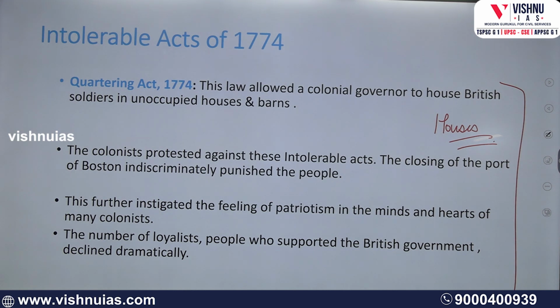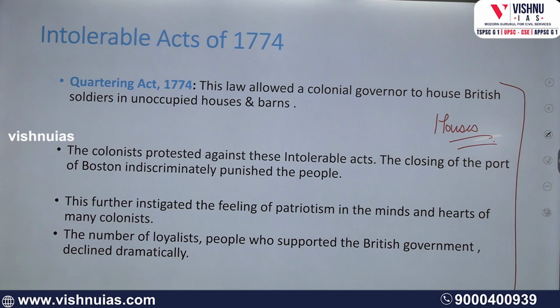Everyone, we are done with the major events of the American Revolution. Each one of you, if you turn your pages, we started with the 1763 Proclamation. We had the Stamp Act, Rockingham Declaration.